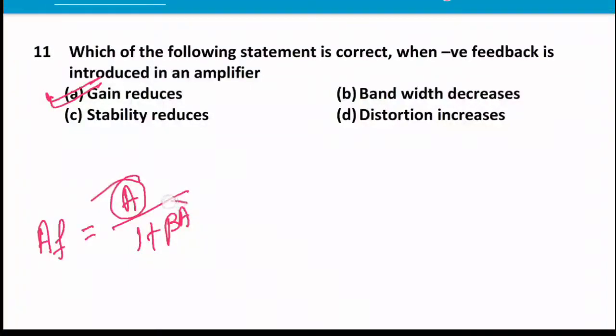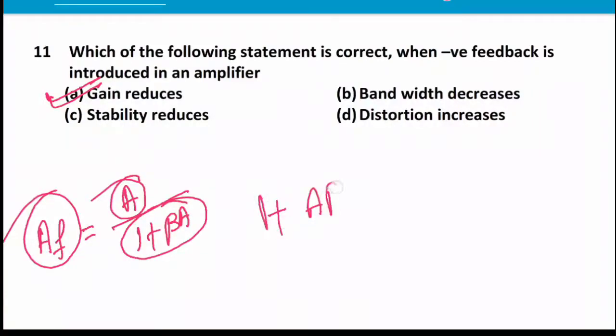As the denominator is 1 plus something, the whole value will be reduced. As 1 plus beta A is greater than 1, A with feedback will always be smaller than A.